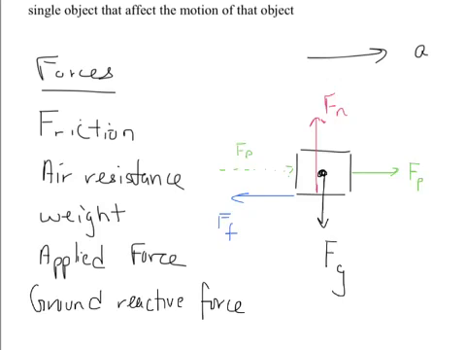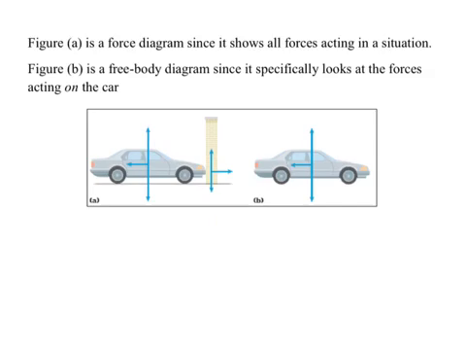Alright, so what I want you to do in the next 5 minutes is draw me a free body diagram of the following scenario. Let's say an object is being pulled by a rope that's connected to it.